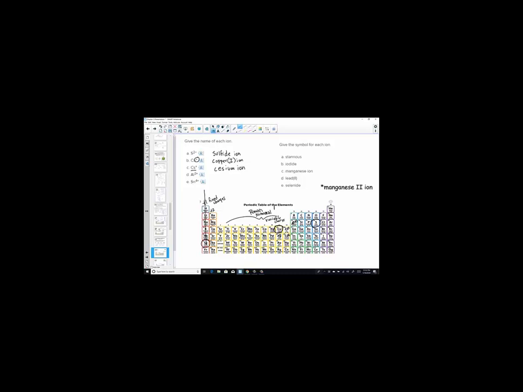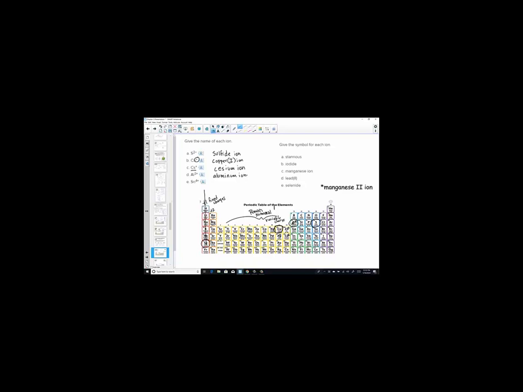Zinc and cadmium are always +2, that's a fixed charge, just as silver is a +1. Cesium has a fixed charge of +1, no Roman numeral. Just like aluminum, we just say the name of the ion, aluminum ion, carrying the +3 charge.